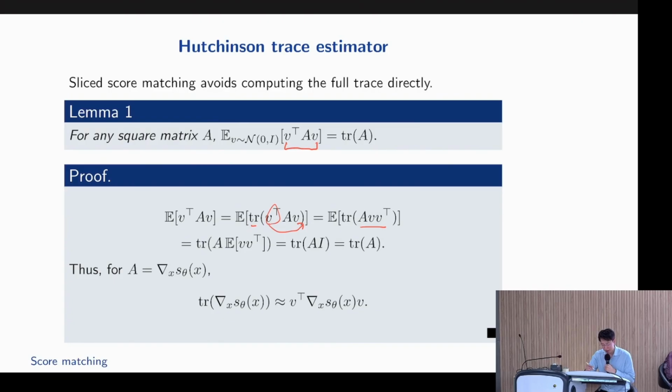So that's equal to the trace of A times the expectation of V V transpose. But V is a random variable that follows the standard normal distribution. So that's the identity, because the covariance matrix of a standard normal multivariate random vector is the identity. So that's equal to the trace of A.